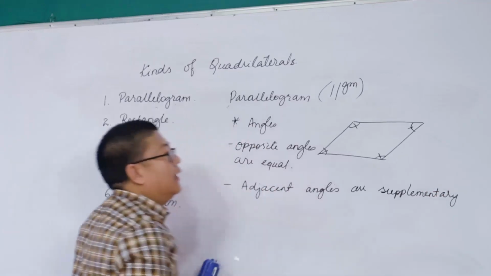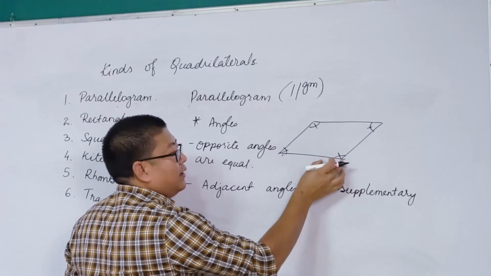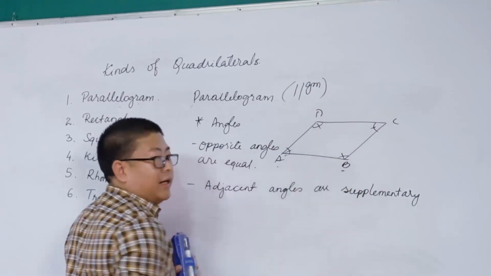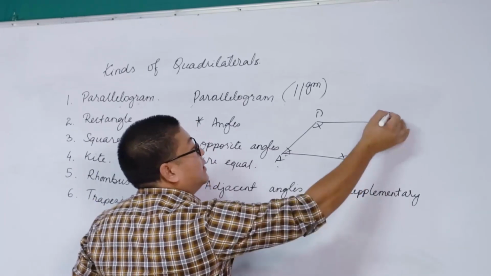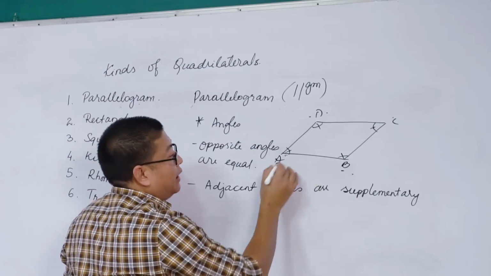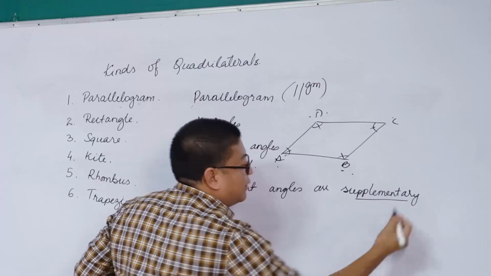Adjacent meaning they should be on the same line. So, for example, if this is A, B, C, and D, A and B are adjacent, B and C are adjacent, C and D are adjacent, D and A are adjacent. Here we will take A and B.